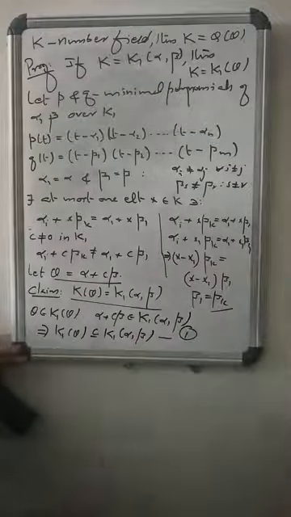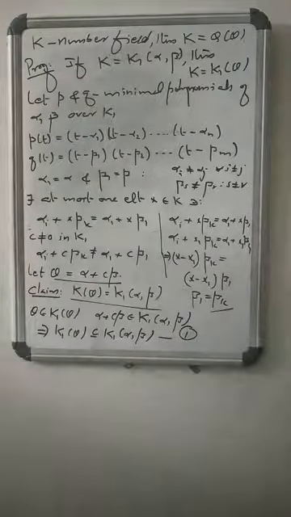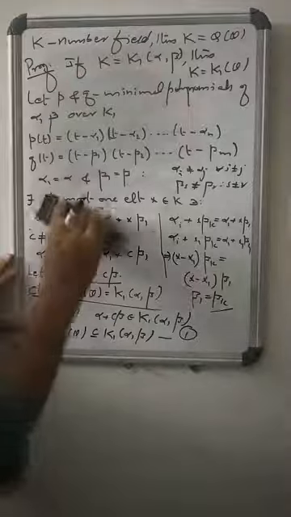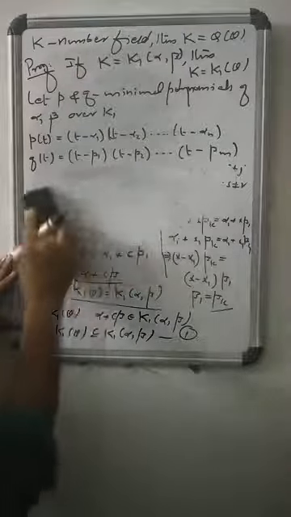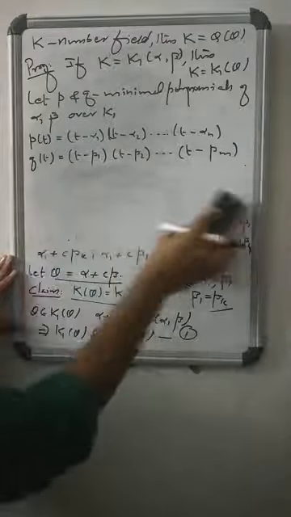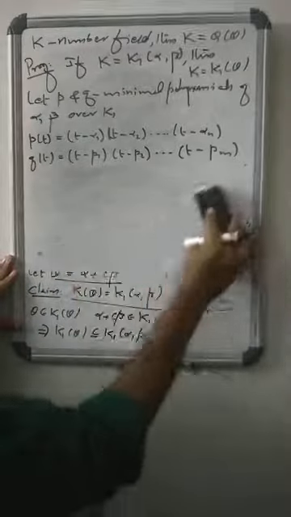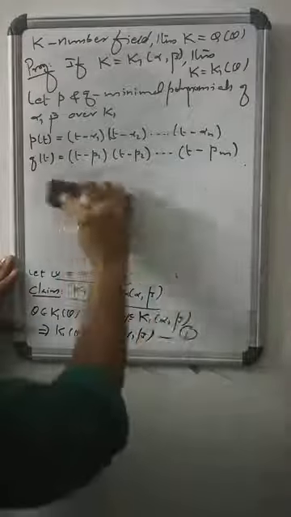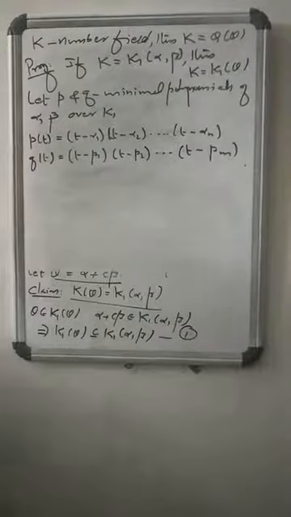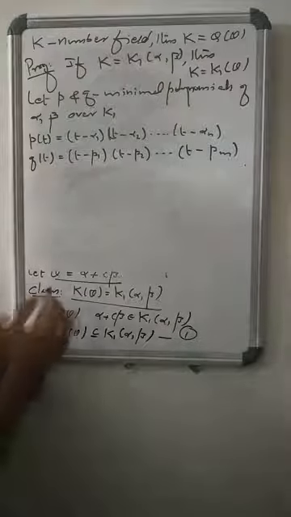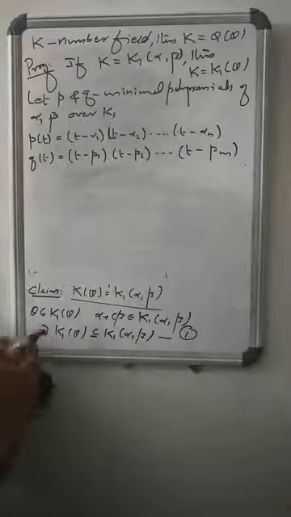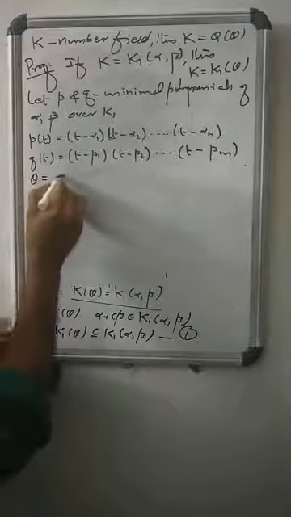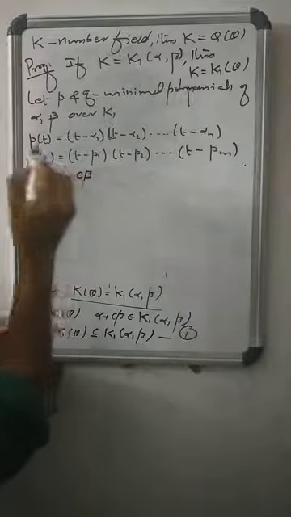Okay. What about the reverse inclusion? Now we have theta equals alpha plus c beta.